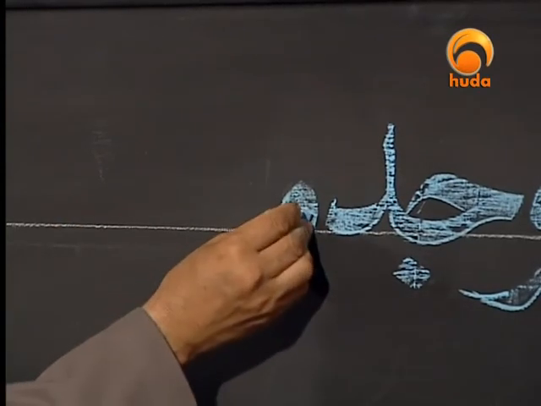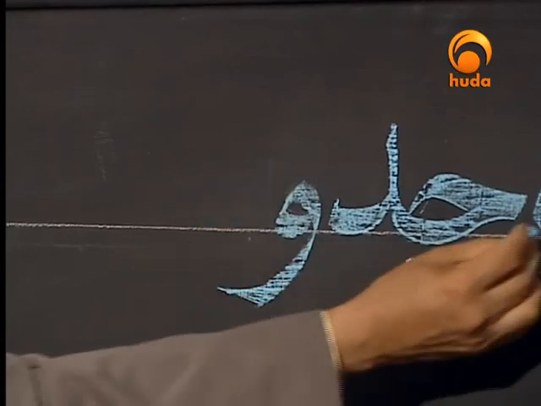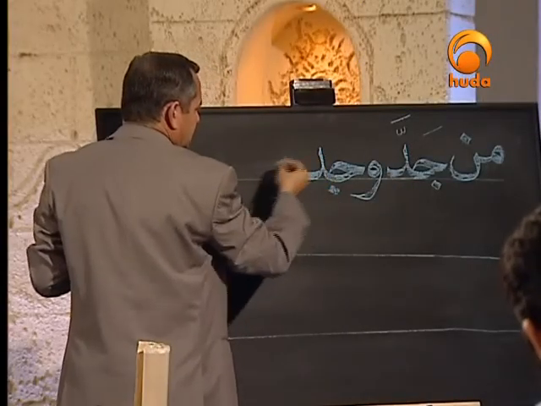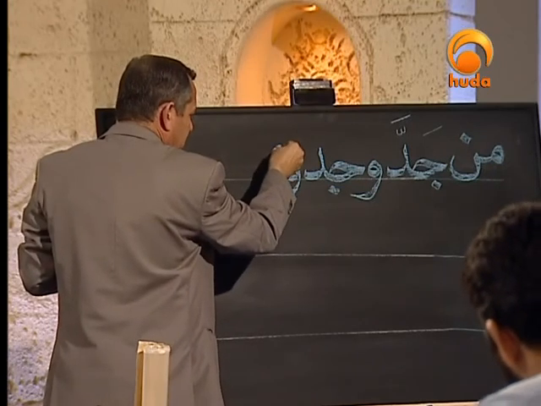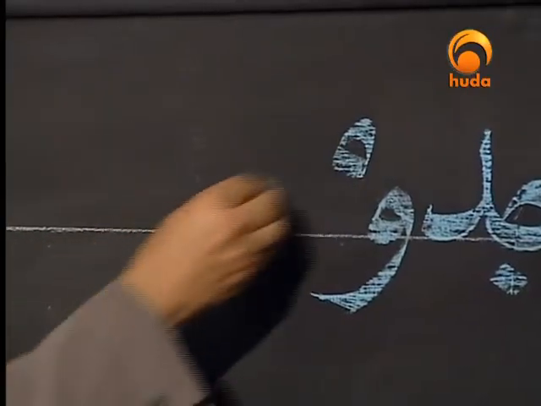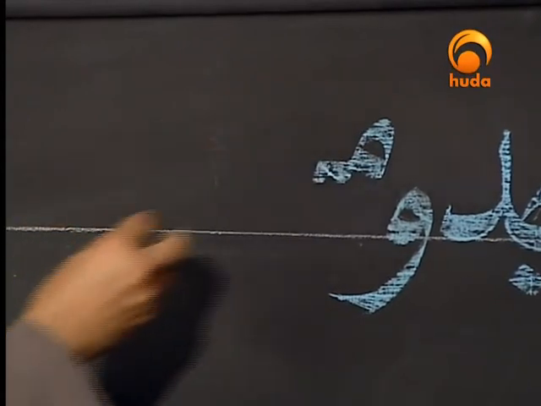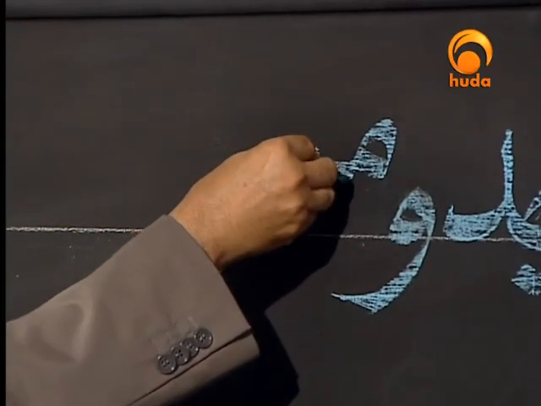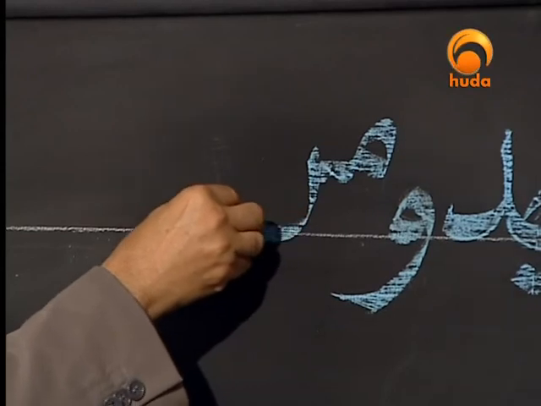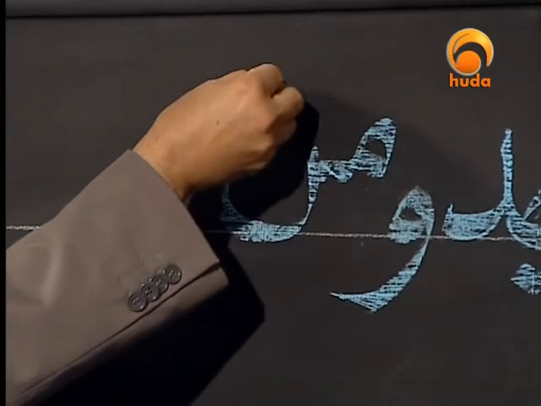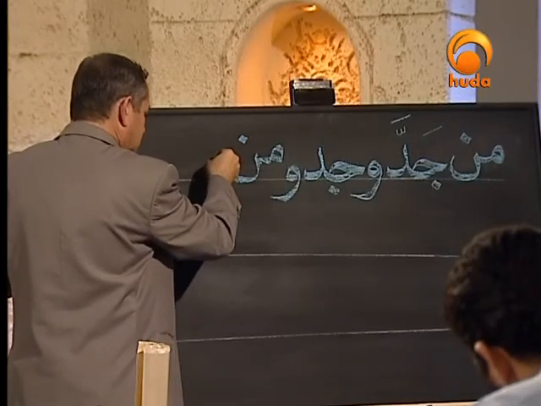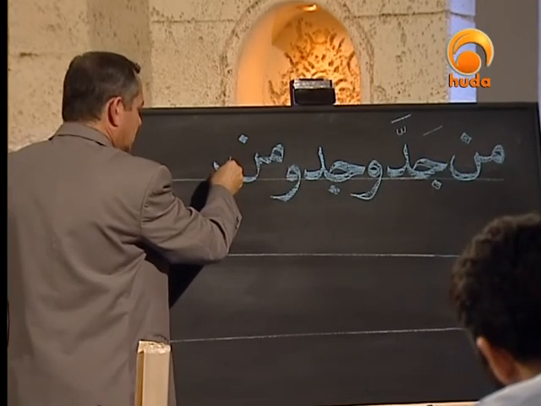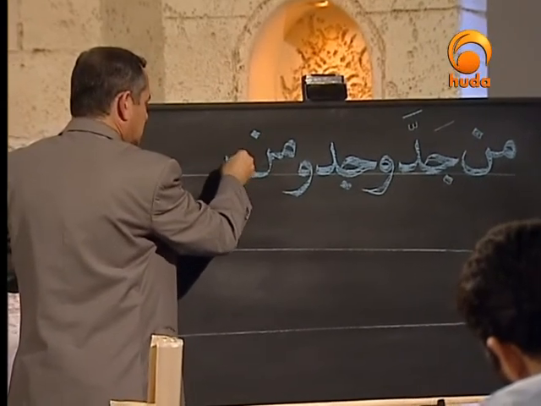Again the waw, head of the waw on the line, same as this, and meme upon the line. I'll join noon on the line, dot. Zara, a part of the letter on the line.